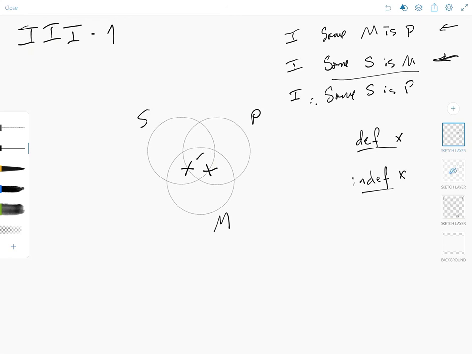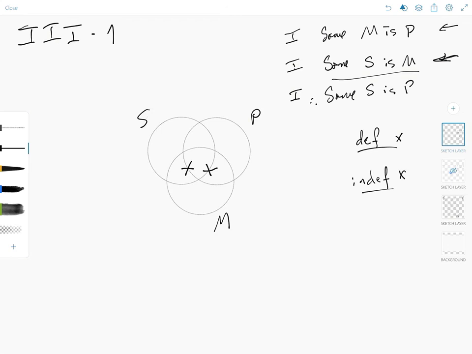All we know is that we have two x's that are both indefinite, which means we don't know exactly which region they go in between two adjacent regions. One sits on the S fence because it represents an M that is a P. The other sits on the P fence because it represents an S that is an M. So now the diagram is complete because we've gone through our steps.